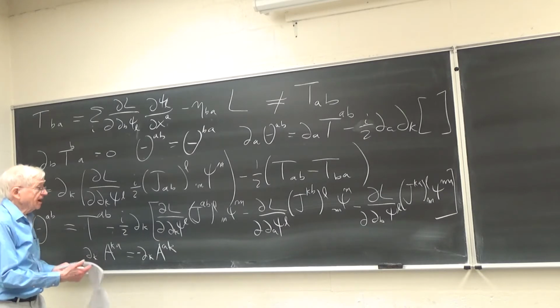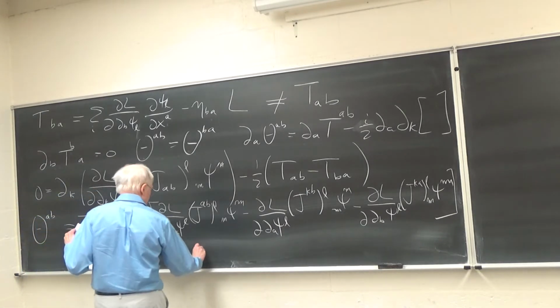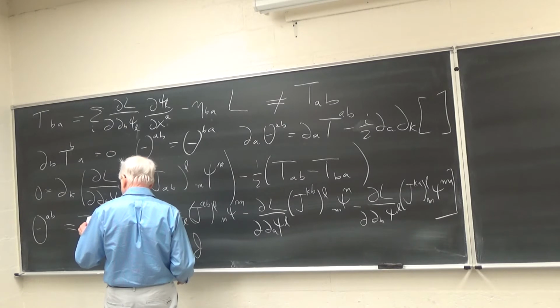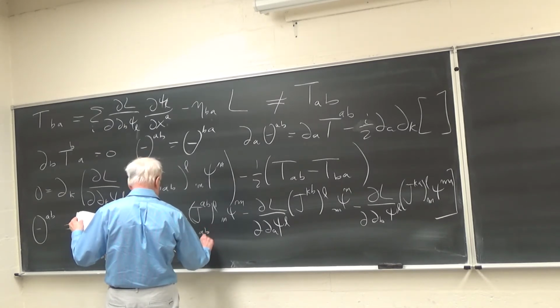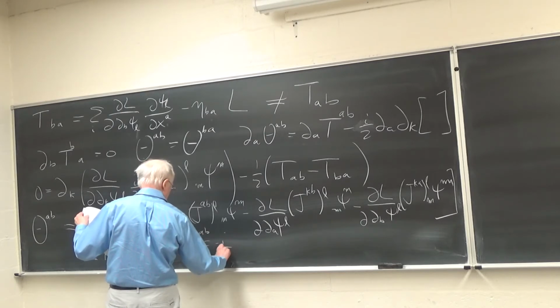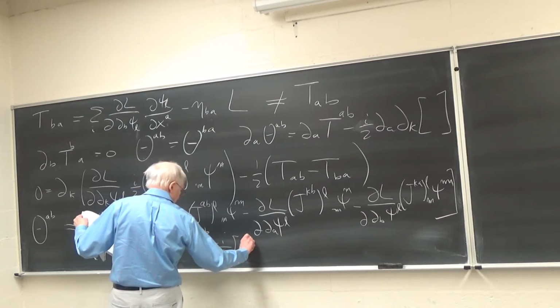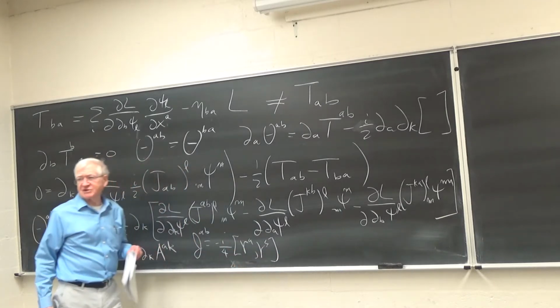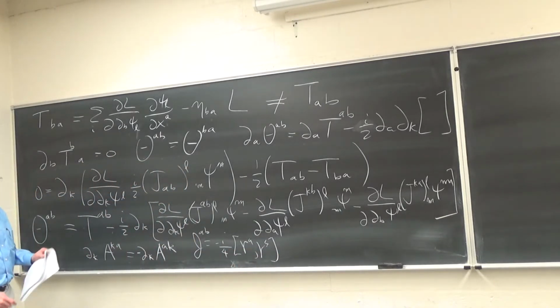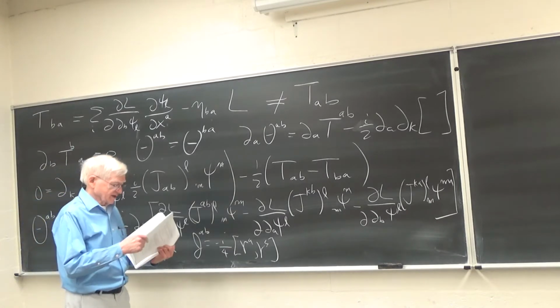Remember that for the case of, in particular, the J's, for the case of Dirac matrices, or spin 1/2, this was minus I over 4 gamma A gamma B. So you see it's antisymmetric in A and B. And more generally, it's always antisymmetric in A and B.